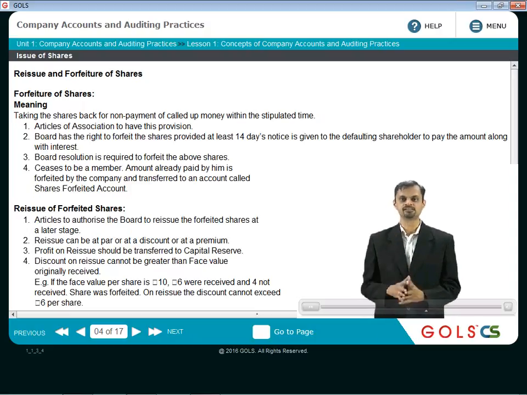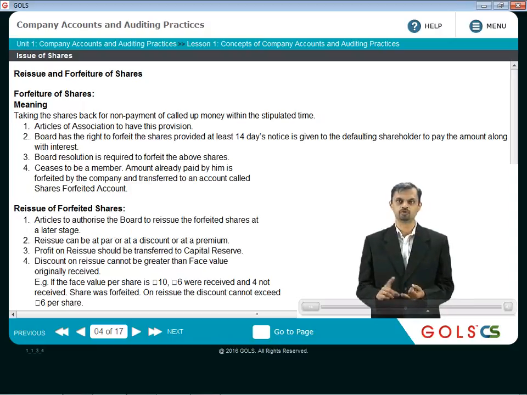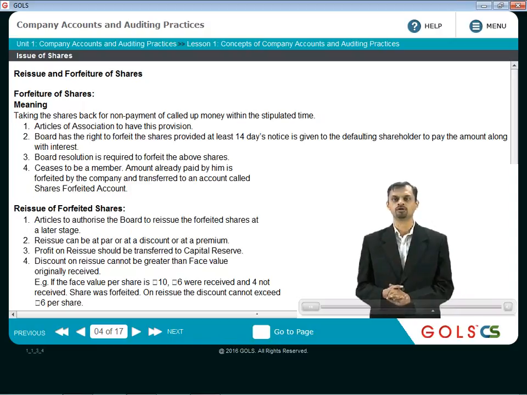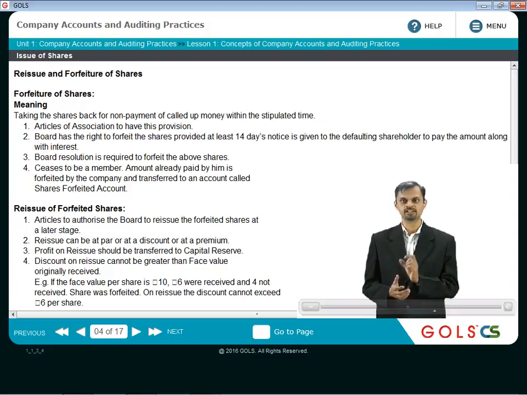Let us take a very simple example to understand both these points. How do we calculate the profit, and what do we mean by discount cannot be greater than the face value? Suppose the face value per share is 10 rupees. 6 rupees were already paid by the shareholder and 4 are not paid in spite of making a call. The share is forfeited. So the face value originally received by the company is 6 rupees.